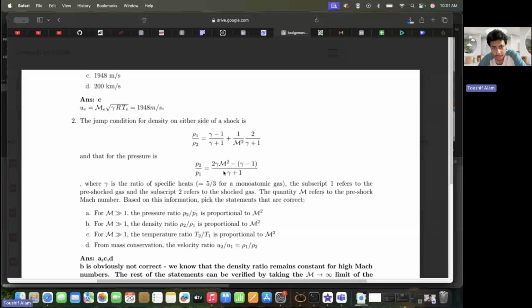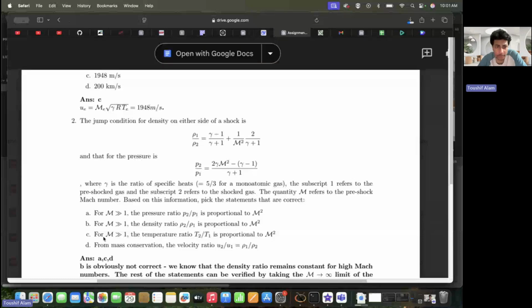Or you can think of it like this: 2 gamma M square by gamma plus 1 minus gamma minus 1 by gamma plus 1. This is a constant, so it will be proportional to M square. B is not true. As you see, the inverse of it is constant actually; it doesn't depend on M square.